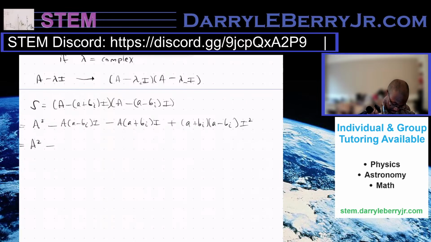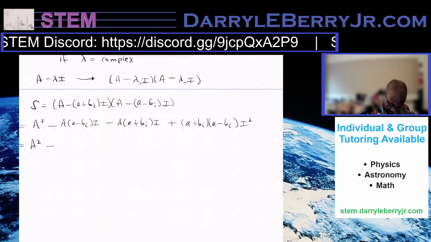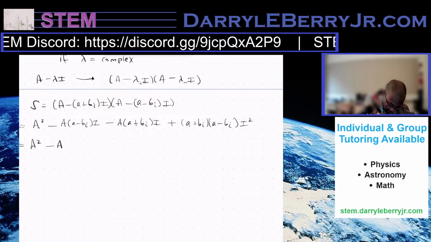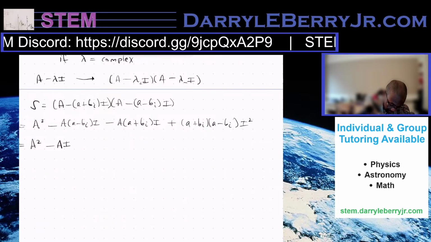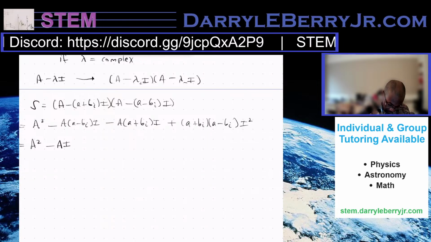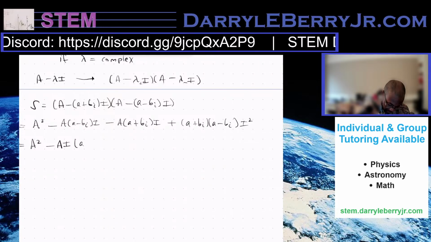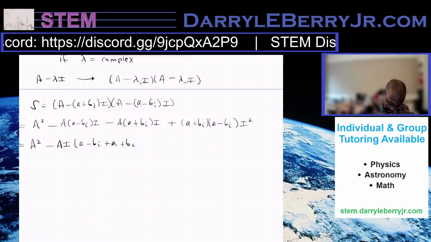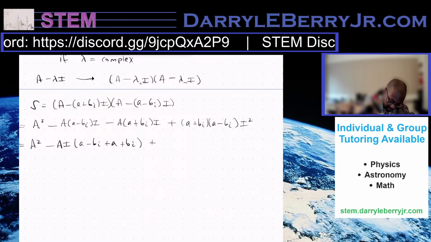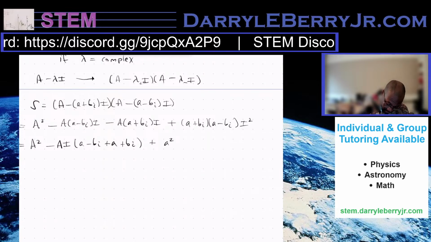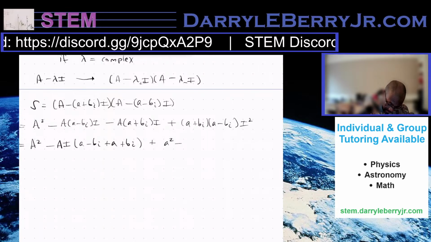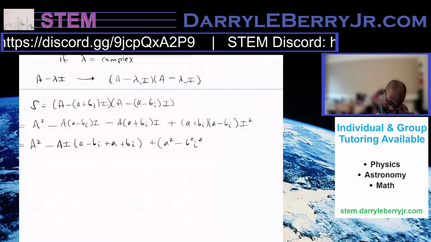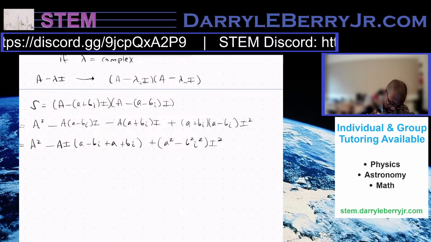A squared minus, so I'm going to factor out the negative a i. So that equals a minus bi plus a plus bi plus a squared minus b squared i squared.